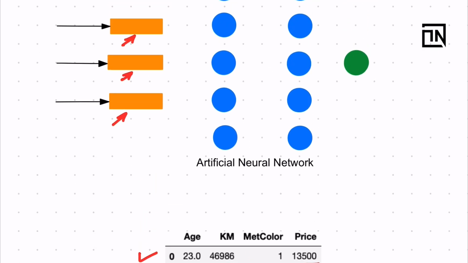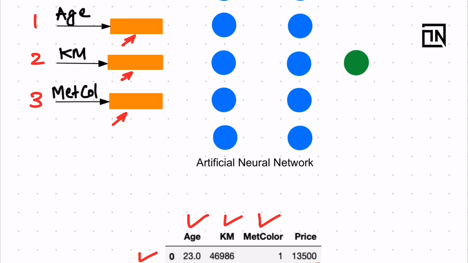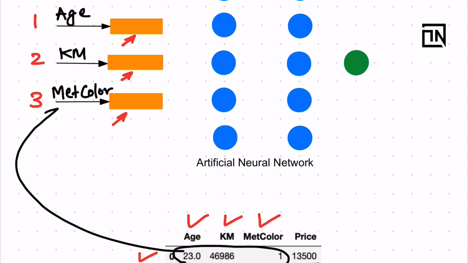Since I have 3 predictors, age, kilometer, and metallic color, there are 3 input placeholders shown in the diagram. These will hold the values of age, kilometer, and metallic color when each of these rows passes through the network one by one. These values will be passed to the first hidden layer without any modification.